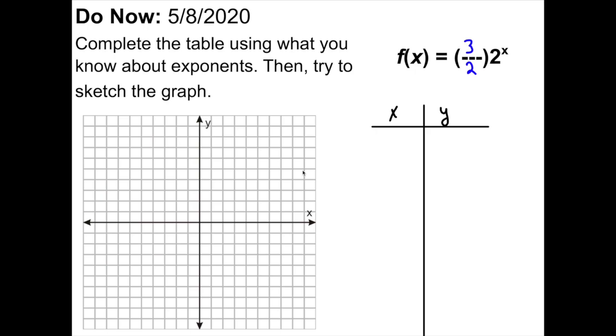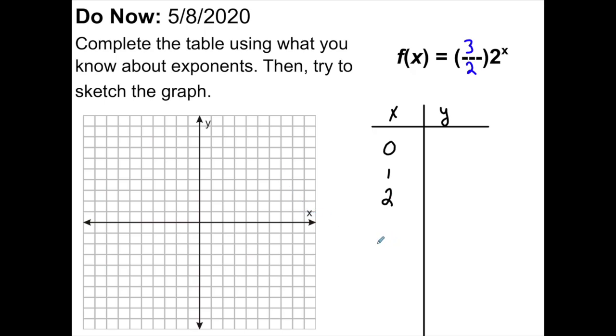So let's take a minute, think about some important values. Yesterday, if you look back at yesterday's do now, I filled in the table for you. I'm going to give you a couple of numbers. We should probably plug in 0, 1, and 2. Okay, but we also need to have negatives.